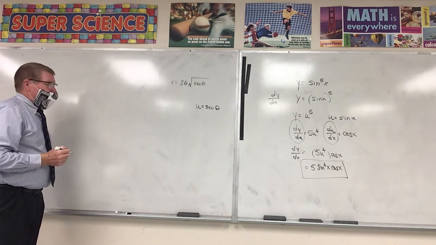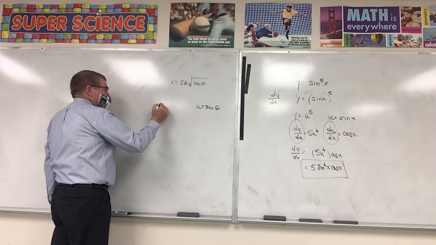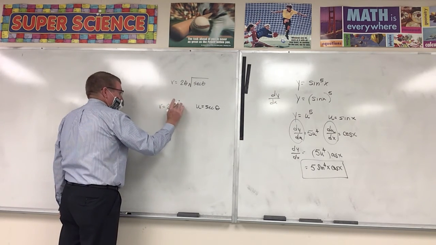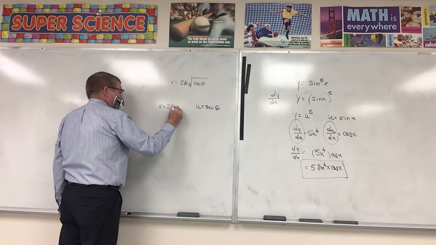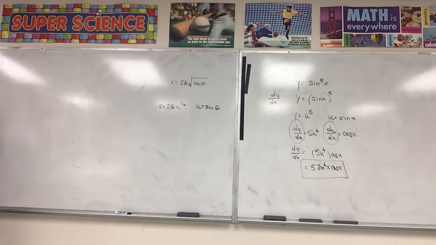What's my outside function? 2 theta times square root of u. Oh, I can use u to the 1/2, right?